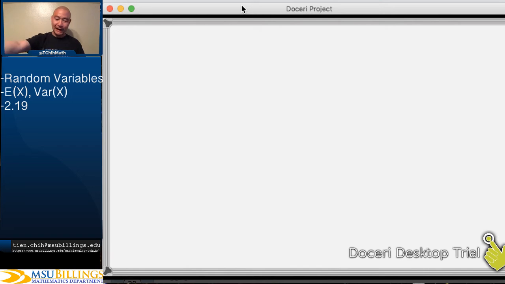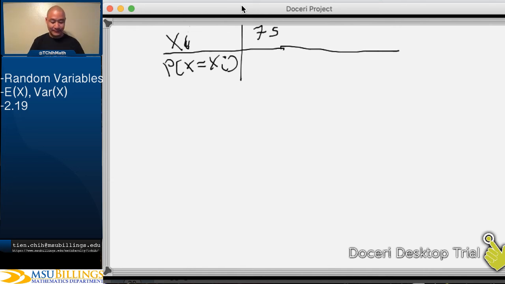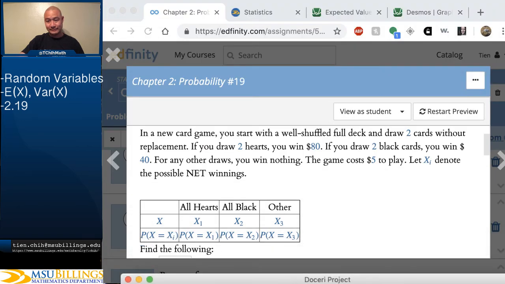So I give them $5, they gave me $80 back, and that means I walk away with $75 more than what I started with, right? I'm going to need some space here. $75 is what it looks like, right? For my winnings there.